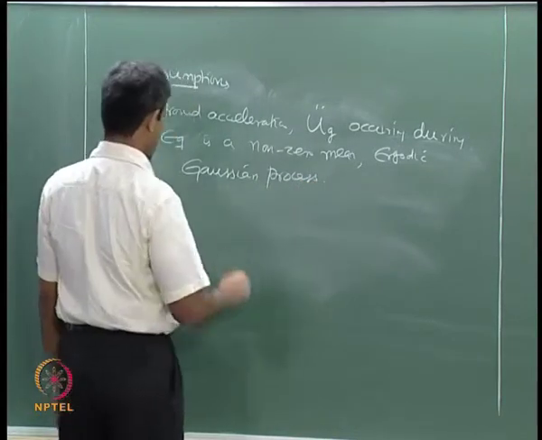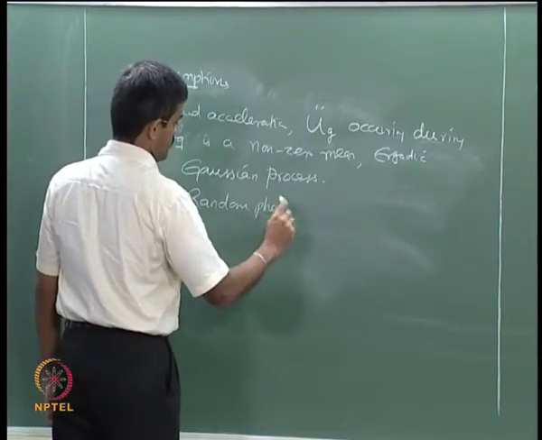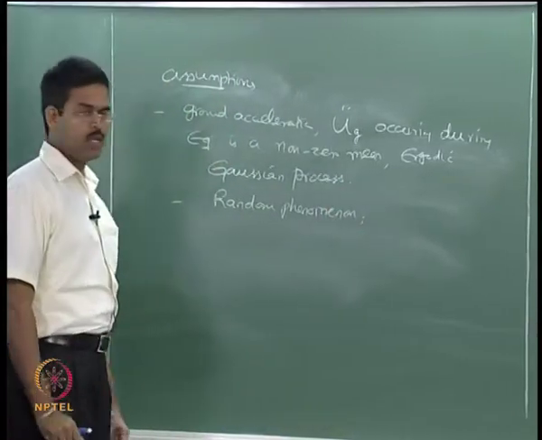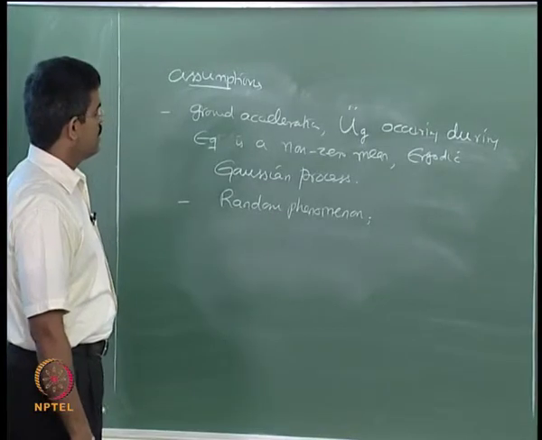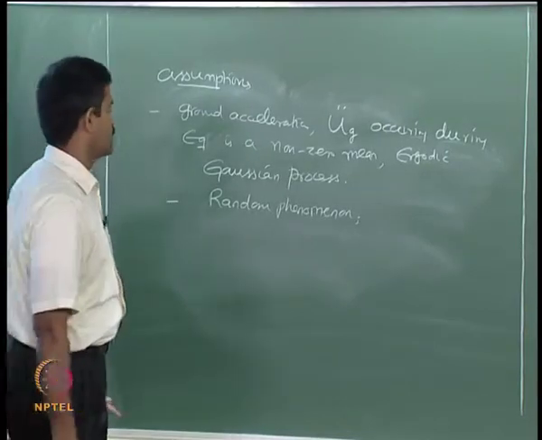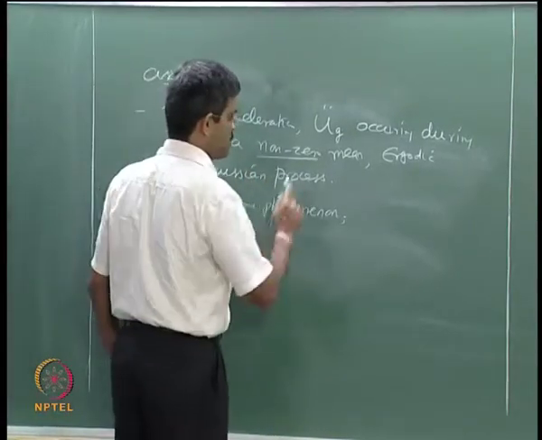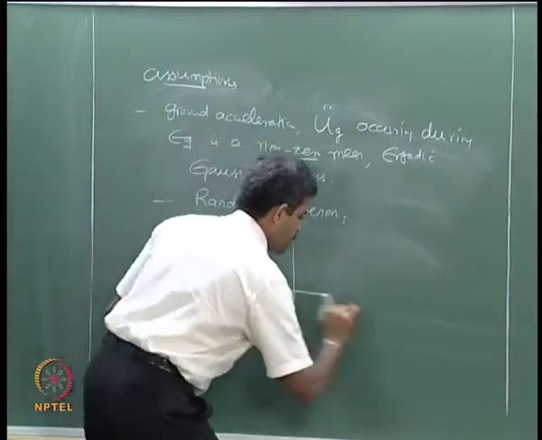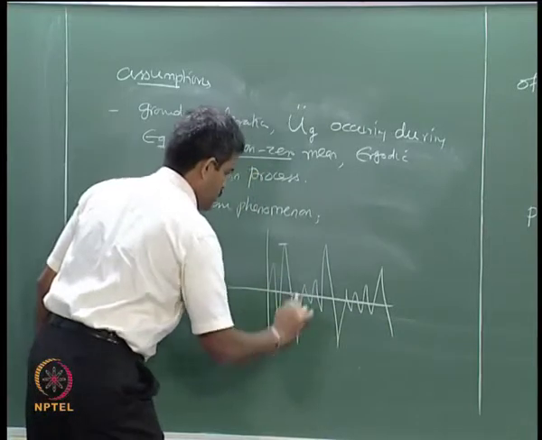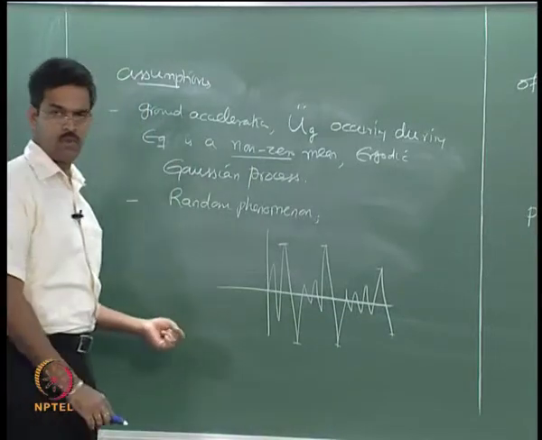We all understand that earthquake is a random phenomenon. So, whenever a random phenomenon is applied as loading, we must use statistical tools to find out the equivalent force as applied. So, generally people do spectral analysis for that. There is a basic assumption in my loading, that is a non-zero mean. What does it mean? If you have a plot, however the variation may be, if the positive and negative amplitude sum brings the mean to 0, I call that process a zero mean process.